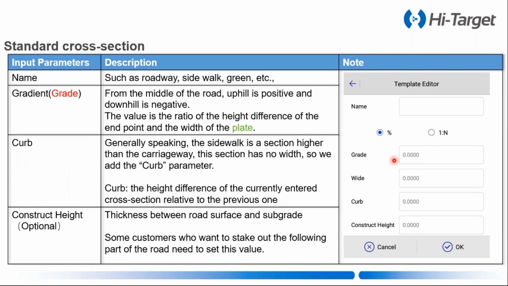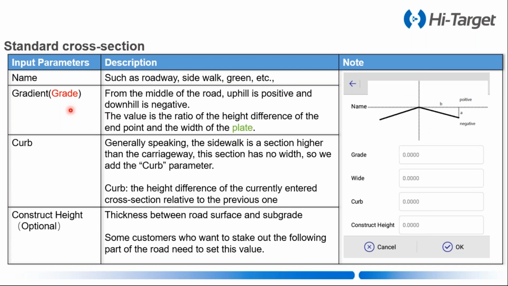Okay, let's see the parameters we need to input. For the cross section, first we need to input the lane, such as the roadway or sidewalk. Then we need to input the gradient.